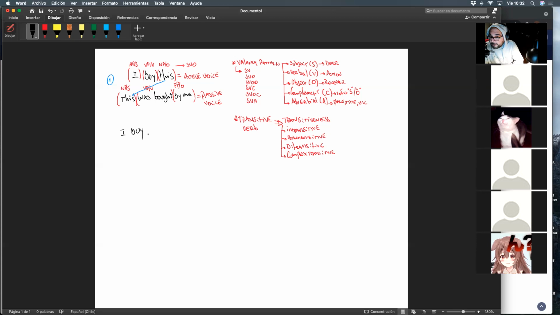In English, you will find verbs which can be classified as both transitive and intransitive. How can I know when it is one or the other? Well, because of the presence of an object, right? I want to spend a little bit more time explaining what an object is.